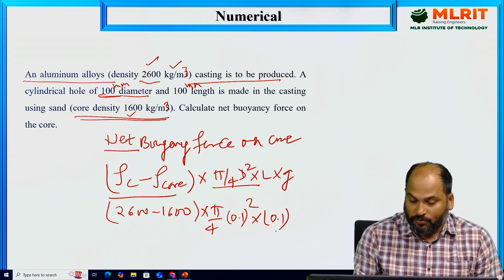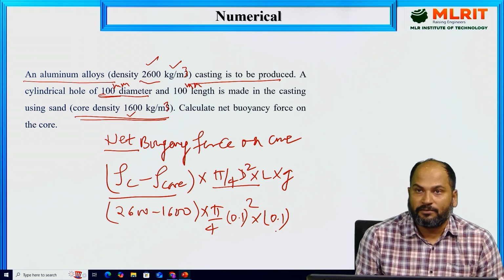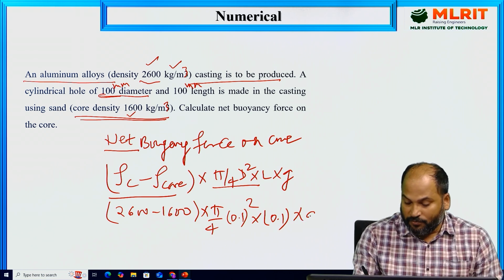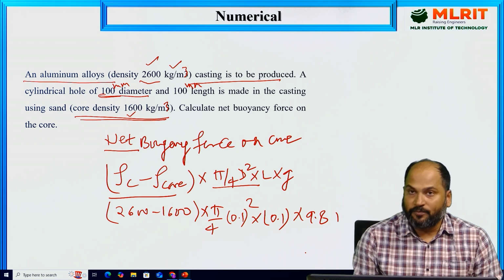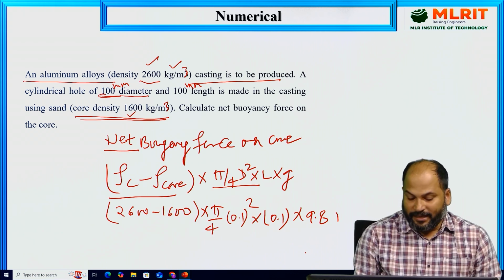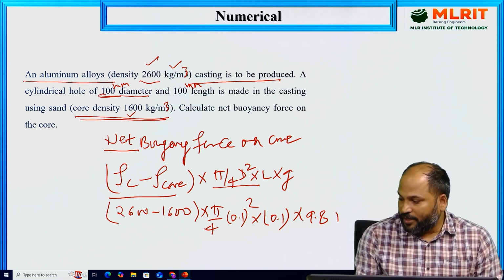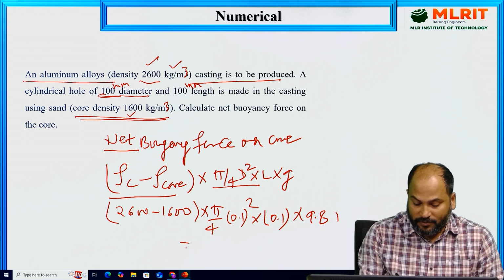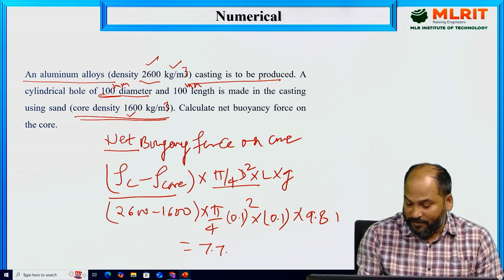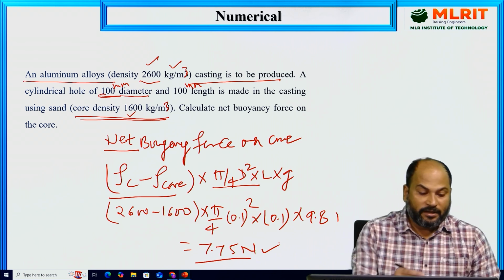This is also 100 mm, so 0.1, into the acceleration due to gravity, 9.81 meter per second square. Once we put in all these values and calculate, this comes out to 7.75 Newton.